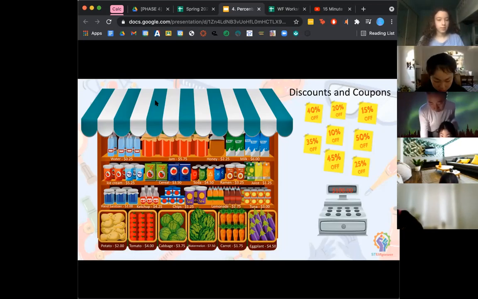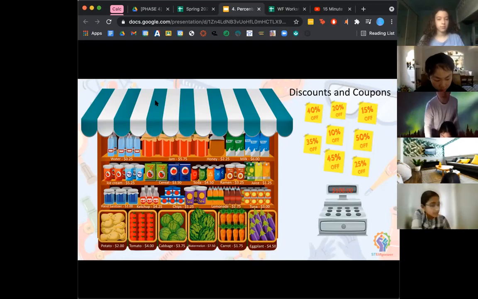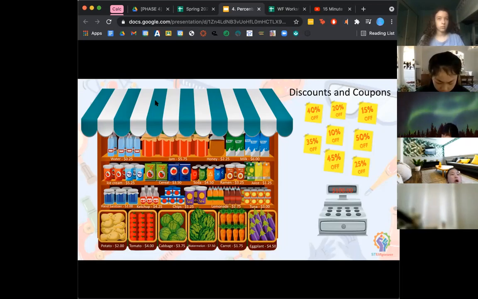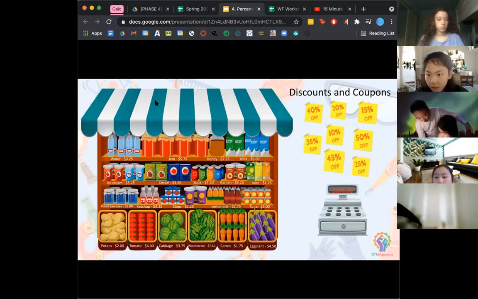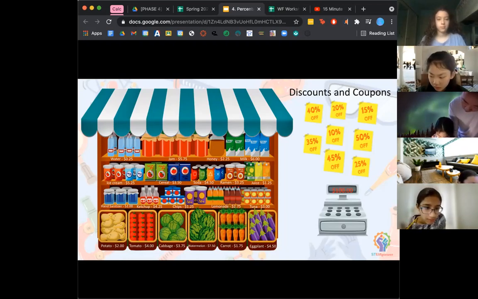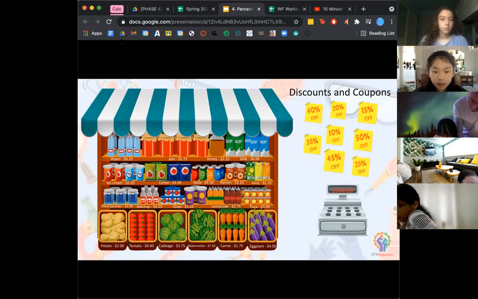Buy as much stuff as you can. Take a look at the timer.